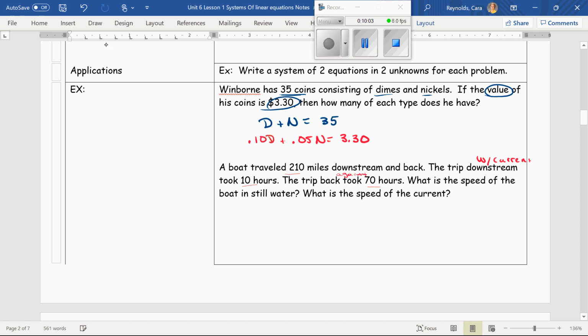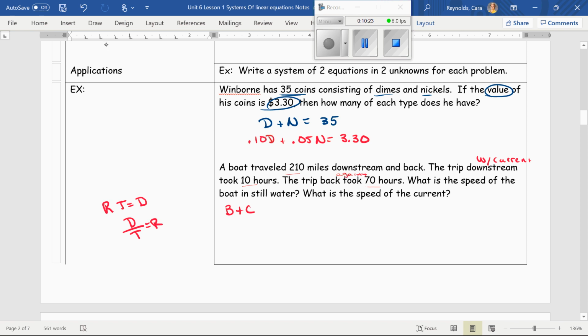And so when your boat is in still water, the speed of the boat is its own, but when you're going with the current, that's going to be helping you. And remember, rate times time is equal to distance, or distance divided by time equals rate. You could set this up either way.